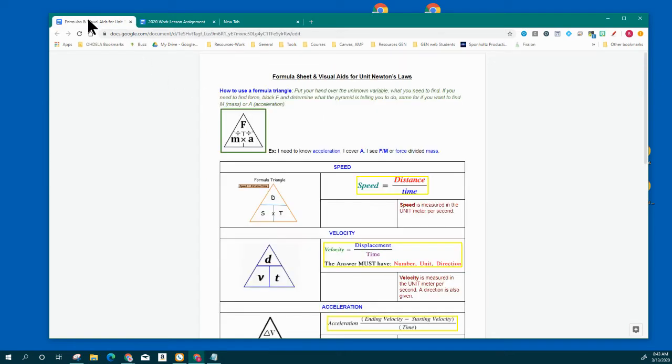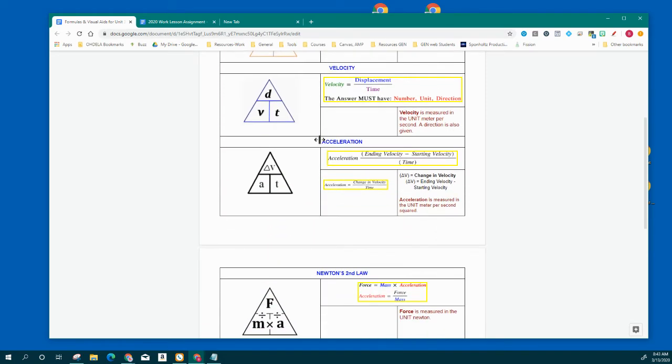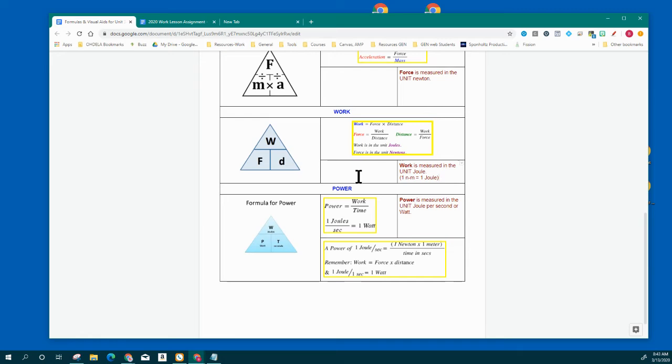If we look at the formula or visual aid sheet and scroll down to work, it will give you a bit more information about the unit. For work, it says work is measured in the unit joule, and 1 joule is equal to 1 Newton meter. So that is why the force must be in newtons and distance must be in meters.